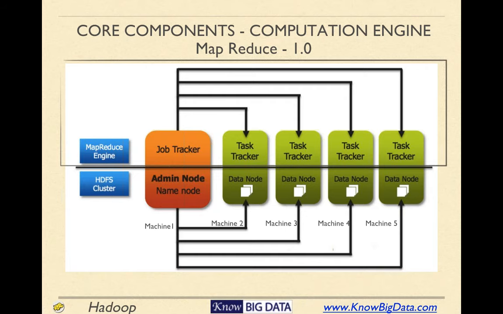As we already discussed in the previous sessions, data gets stored on the data nodes. Every machine has some part of the data, and when we run a logic, the logic goes to only those task trackers which are running very close to the data.